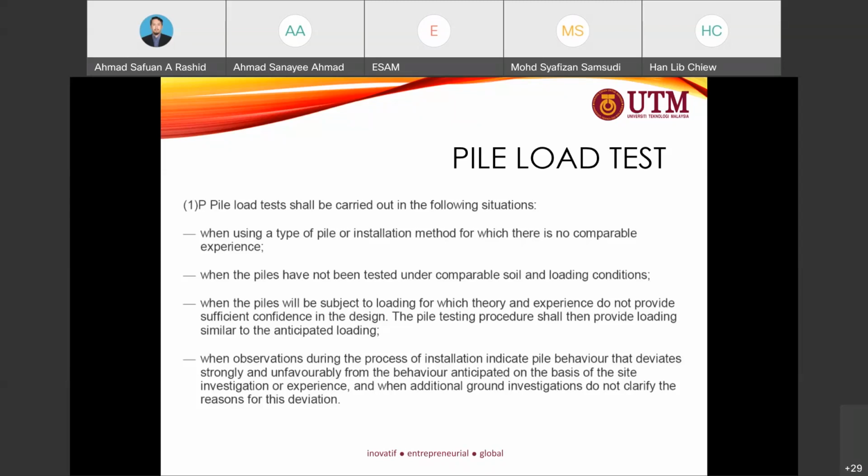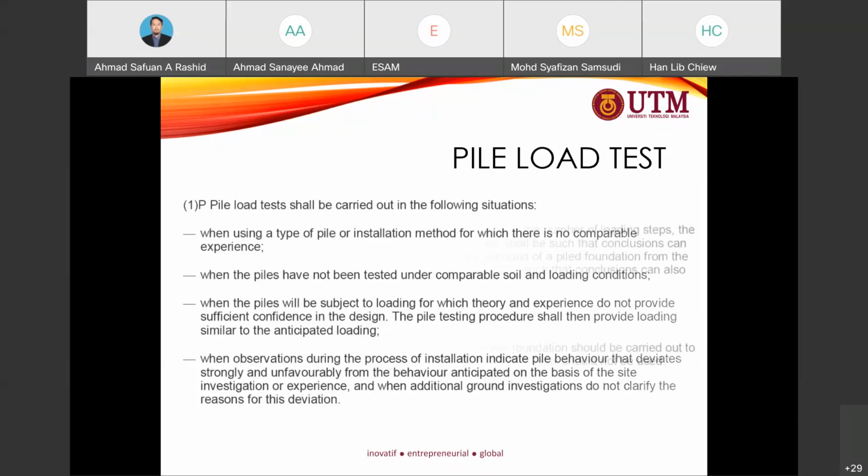However, in section 7, it looks like the pilot test can be used as a part of the justification to determine the bearing capacity value.